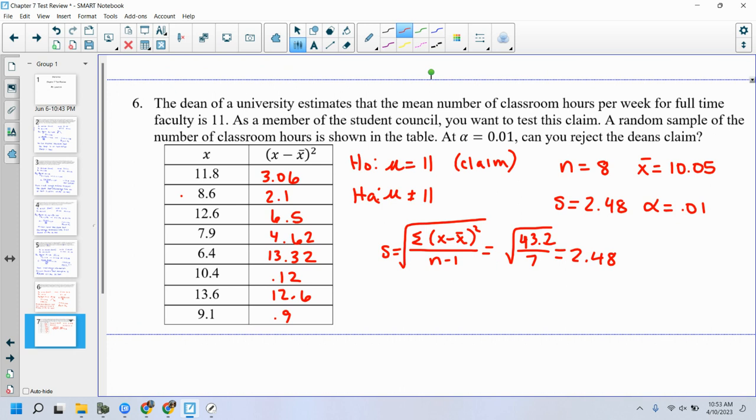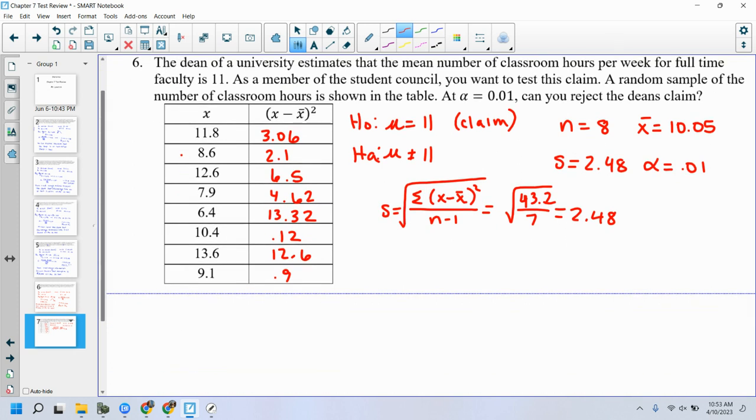All right. Okay, here we go. Now we can truly test the claim. Our rejection region: it's an equality, so it's a two-tail. Alpha 0.01, degrees of freedom is 7. So, T table, alpha 0.01, two-tail with 7.